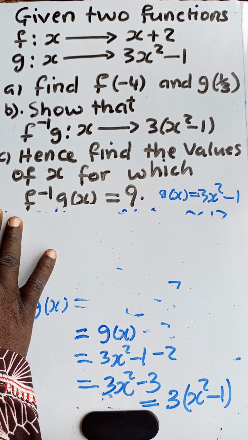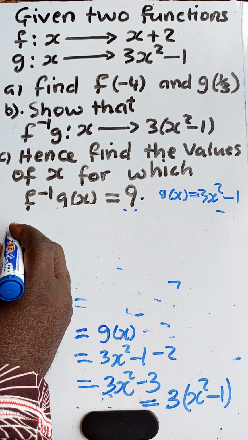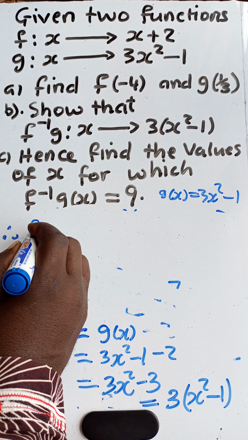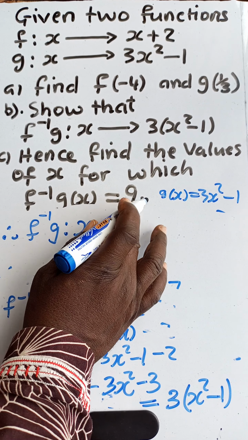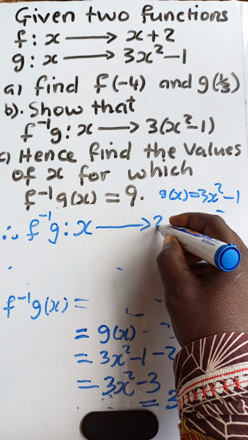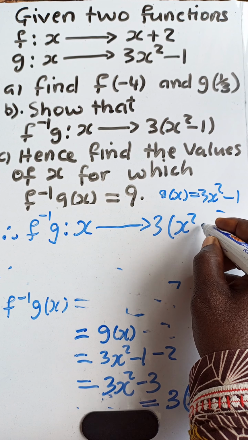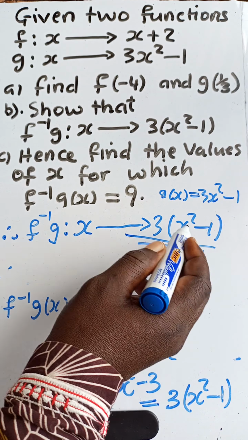So our conclusion, because we should write it in the manner in which the question requires. So conclusion, therefore, f inverse g is that function that takes x and maps to what we have, 3 into x squared minus 1 as required.